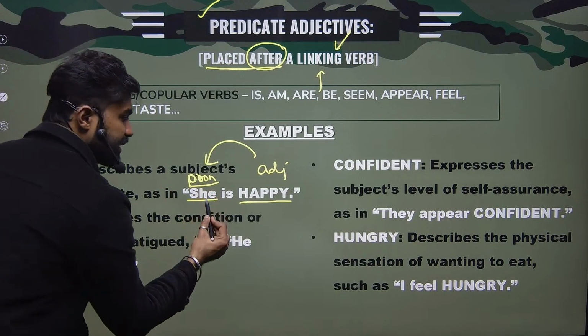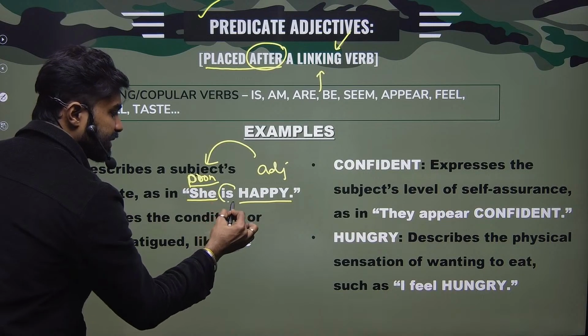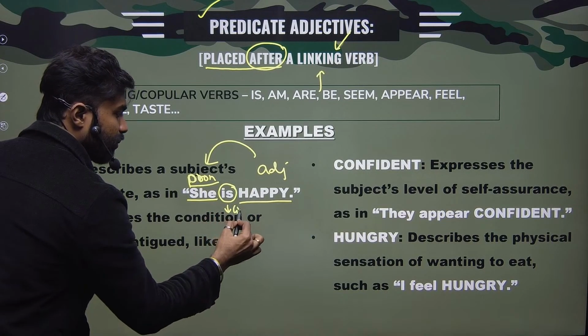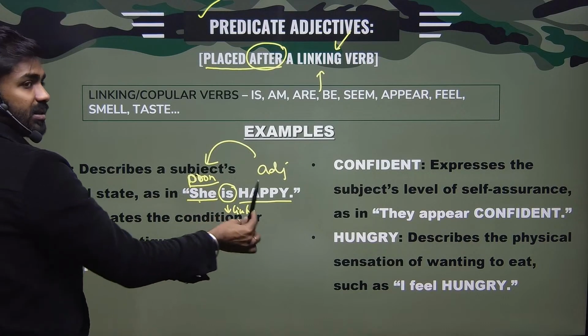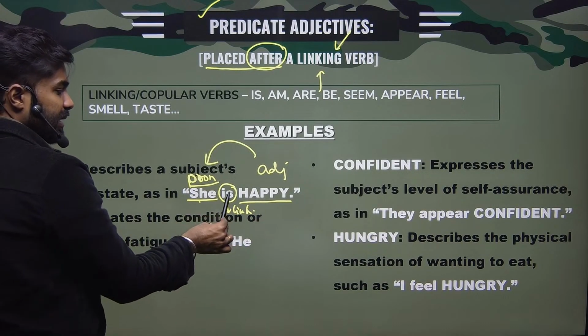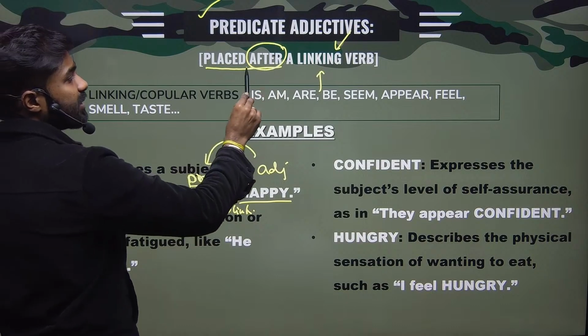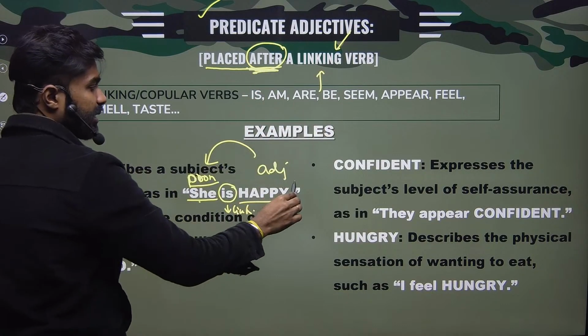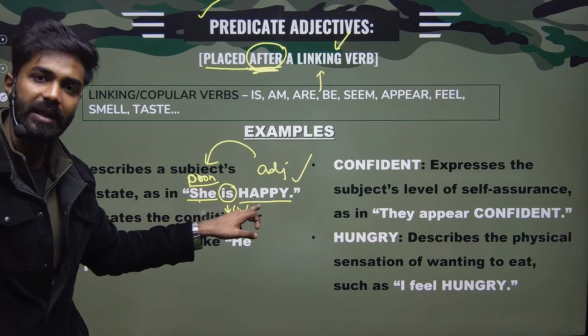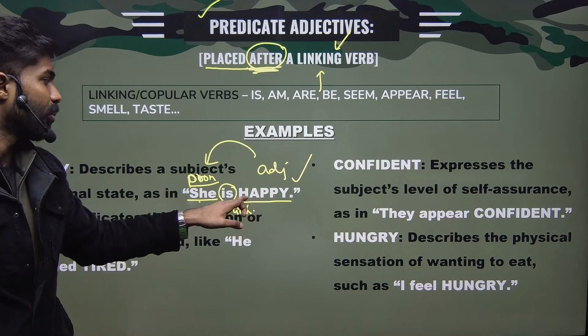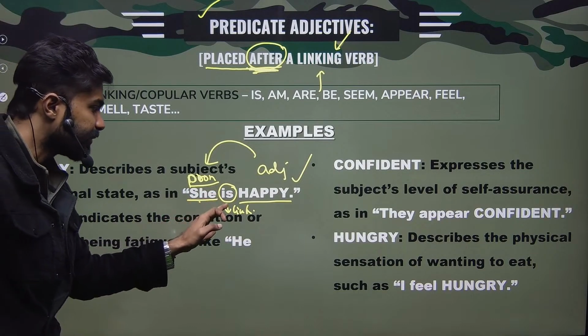So, she is happy, and "is" is my linking verb. Why linking verb? I told you, subject and subject's complement. So I'm calling it a linking verb. Any adjective which is placed after a linking verb is called a predicate adjective. So here I can call this "happy" my predicate adjective. Why? Because it is placed after this linking verb.